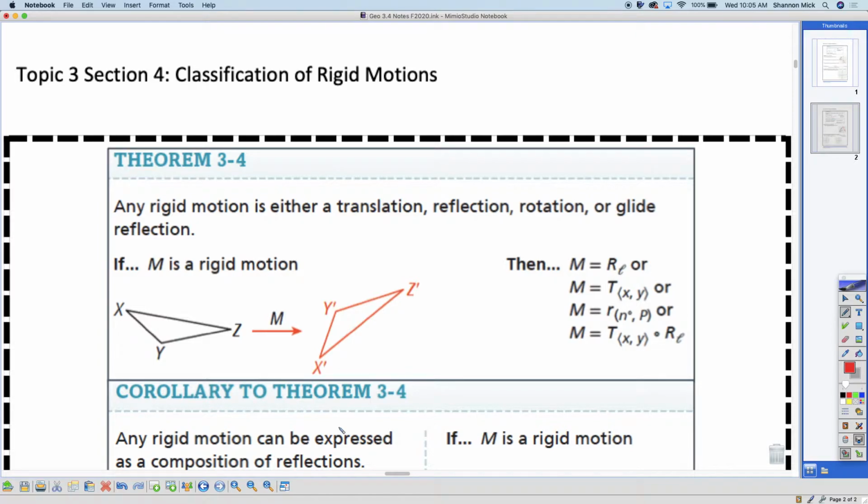Okay, so we have over here, it says if M is a rigid motion and they give you a picture, then M, the result, is either a reflection over L or a translation or a rotation or a translation reflection.